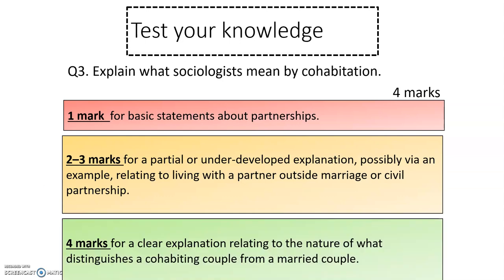For 4 marks, it needs to be a lot more developed, a clear explanation, talking about the differences between cohabitation and a married couple. I'm going to give you a few minutes to have a go at that question. In the exam, if it's 4 marks, you want to be spending roughly 4 minutes on it. So I suggest you pause the video and have a go at it before I go through what an ideal answer would look like. Pause.